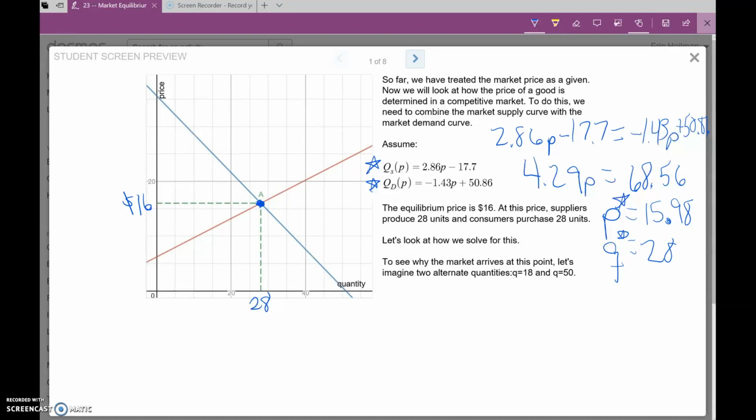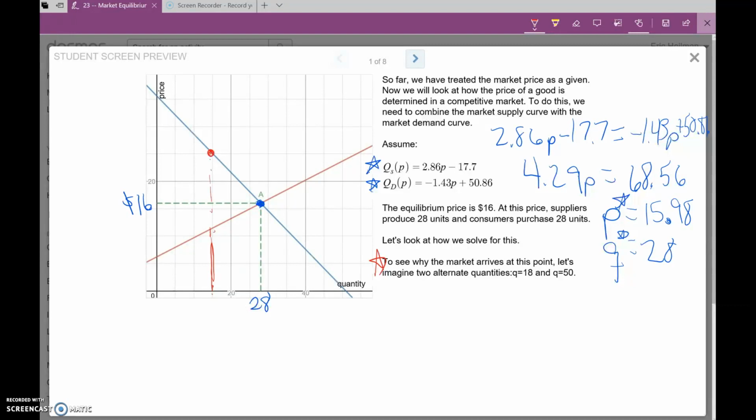So just to give you the story about how this works, we're going to imagine two alternate scenarios. So now we're down here. Let's imagine that for some reason producers were supplying 18 units. So they're over on this side.